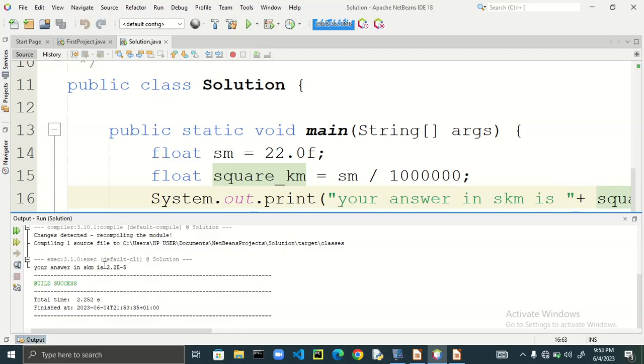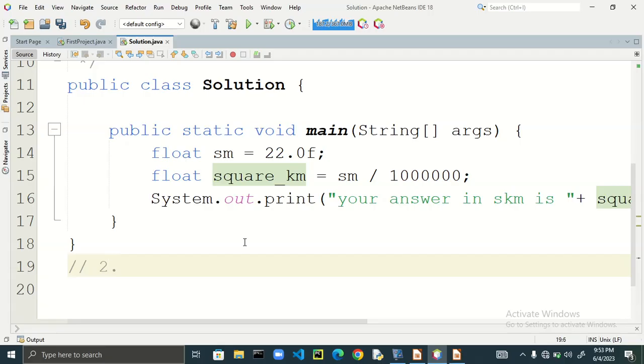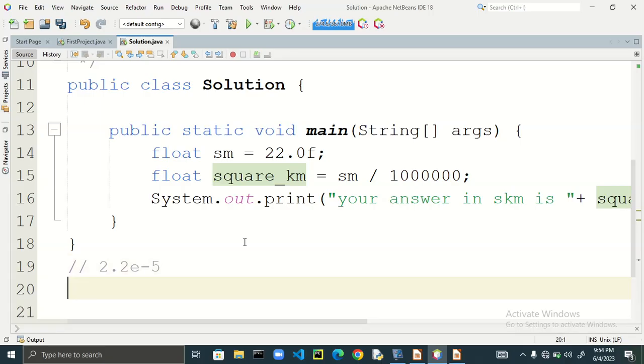It says our answer is 2.2e minus 5. That is 2.2 times 10 raised to the power minus 5. Now this 2.2e, which is exponent minus 5, can be represented as 0.000022, right?